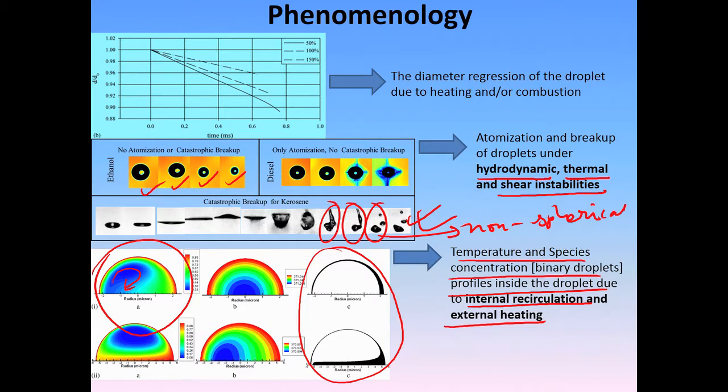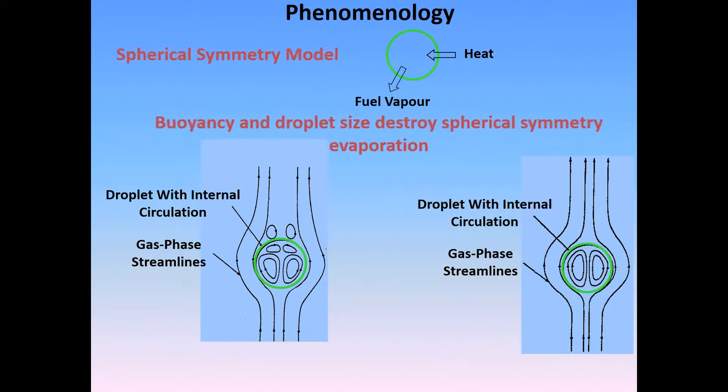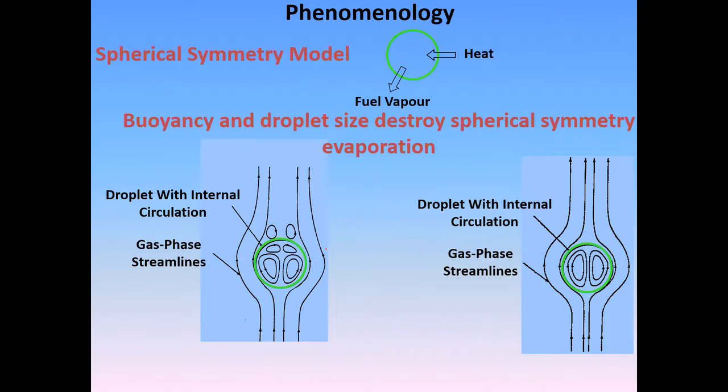So these are some of the examples where you can see why the droplet is very useful. Now, one other interesting thing that will come after this one, that most of the time people assume that there is something called a spherically symmetric model. What is a spherically symmetric model?